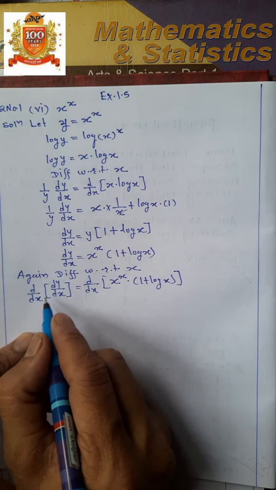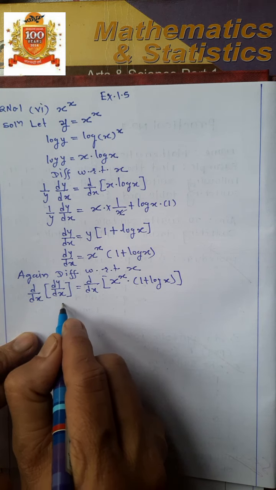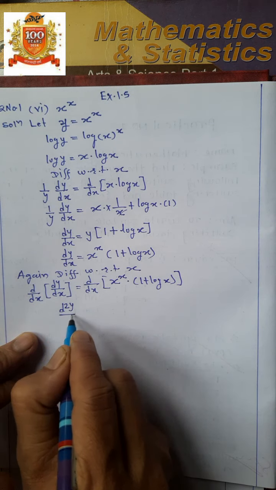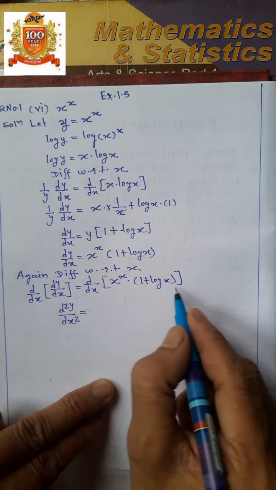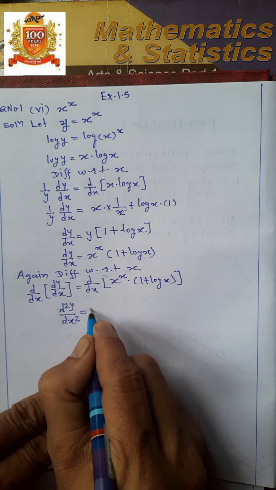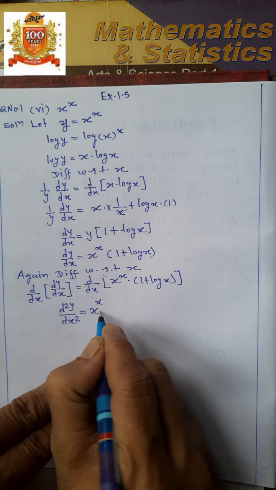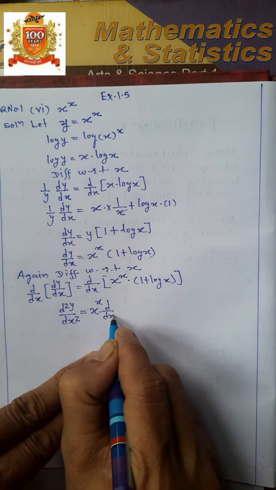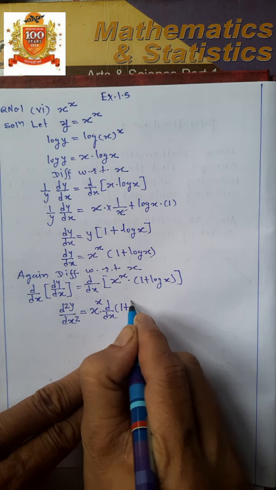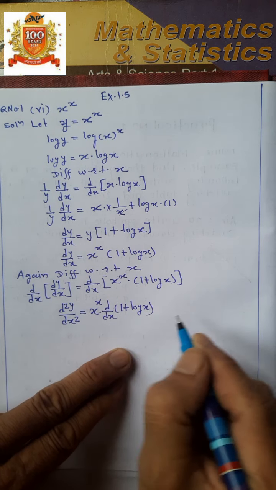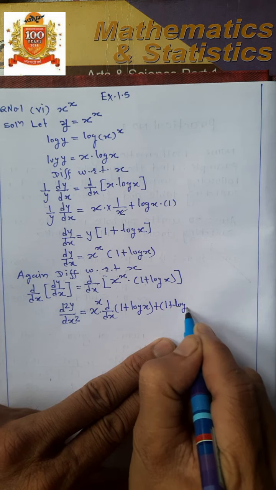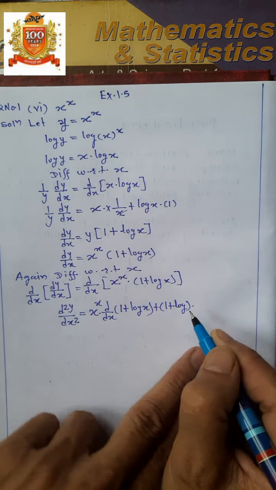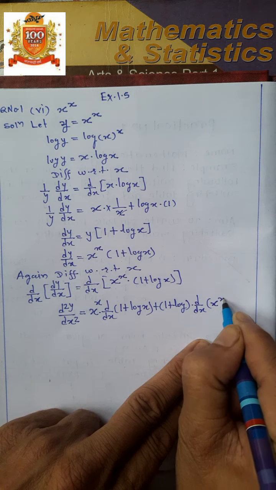Now d/dx of dy by dx is d2y by dx square, is equal to, here the product of two functions. First function x raised to power x into d/dx of 1 plus log x, plus 1 plus log x as it is into d/dx of x raised to power x.